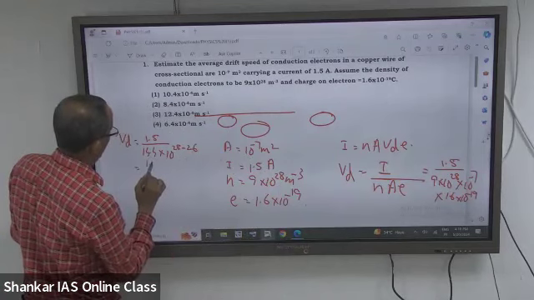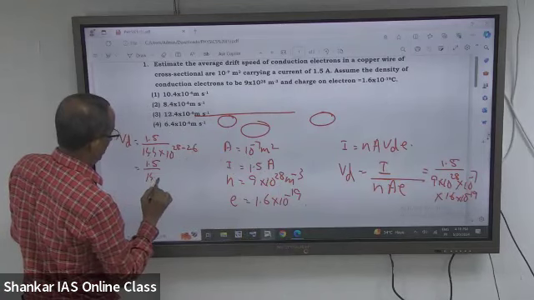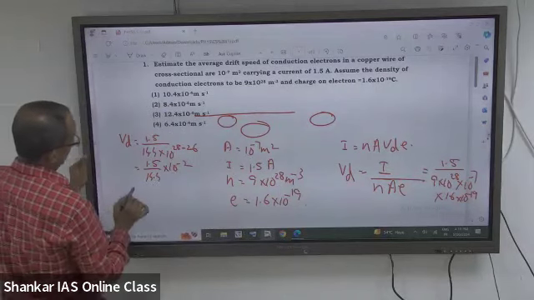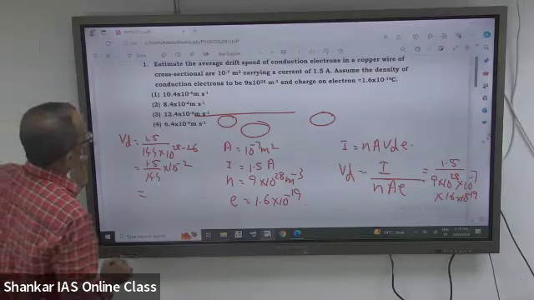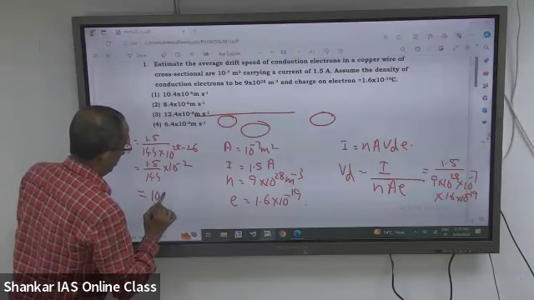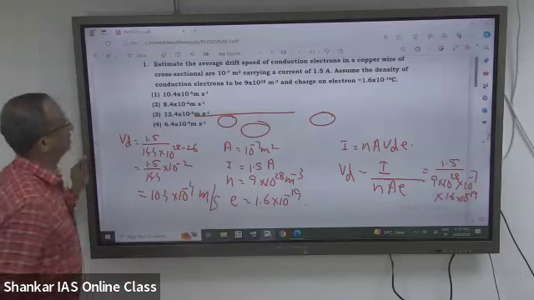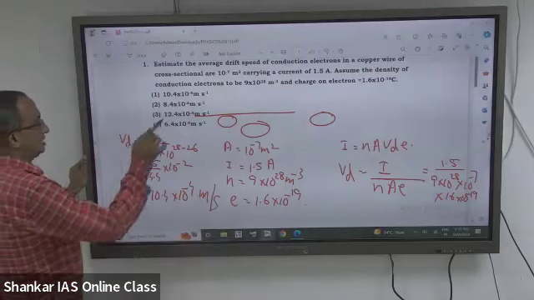So 1.5 divided by 14.4 into 10 raised to minus 2. The final answer is 10.4 into 10 raised to minus 4 meter per second. And the option is 1.